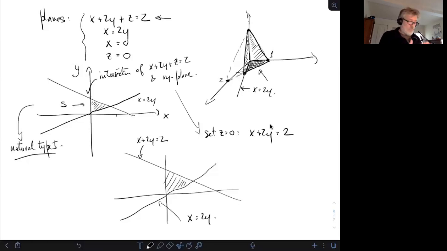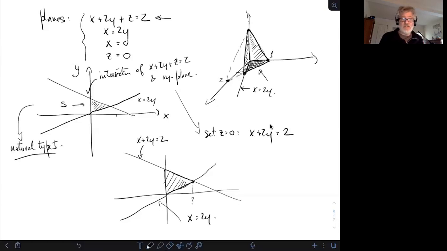So I want to see this as a type 1 region. Sorry, my picture is really bad. So I know what the top part is, I know what the bottom part is. What remains, well, obviously here our a value will be 0, and the other thing that remains to check is what is the value of x over here.